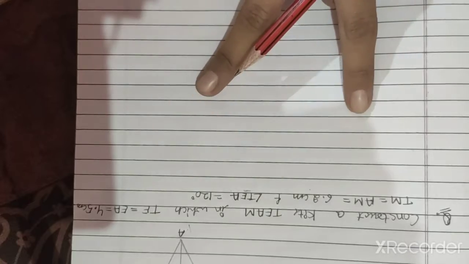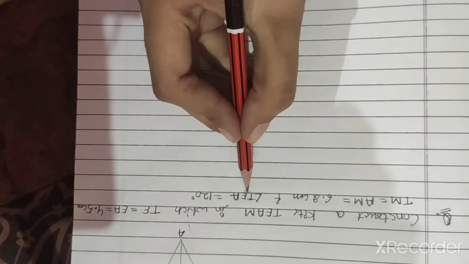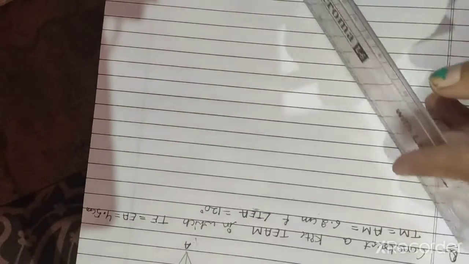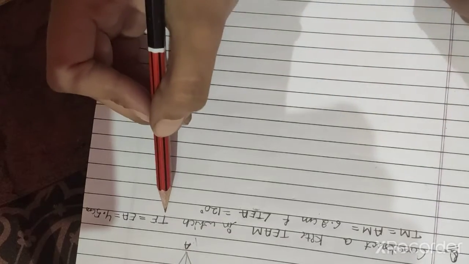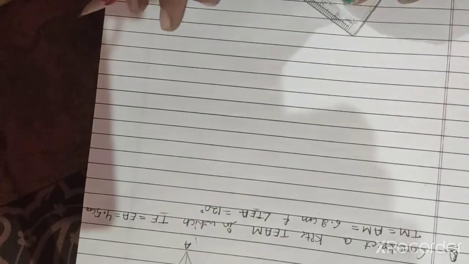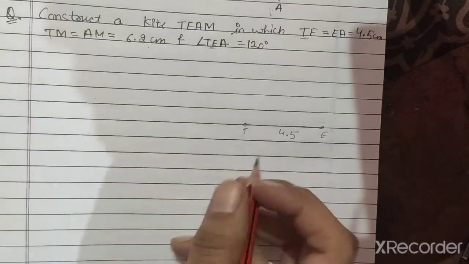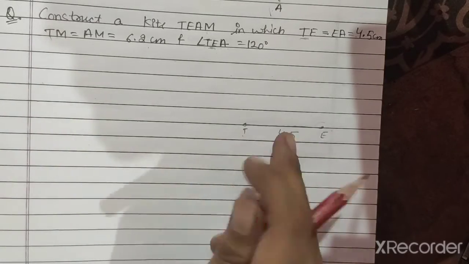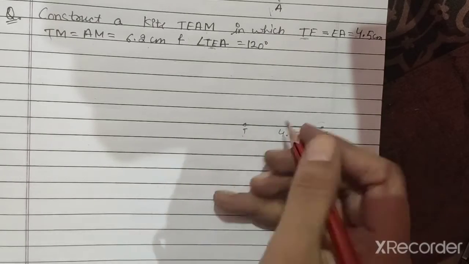So whichever basic side you take at the bottom, remember that E should be there, meaning the vertex E should be there. So suppose I am taking TE. I am drawing the rough sketch. For the rough sketch, first of all we will draw TE, that is 4.5 centimeters.